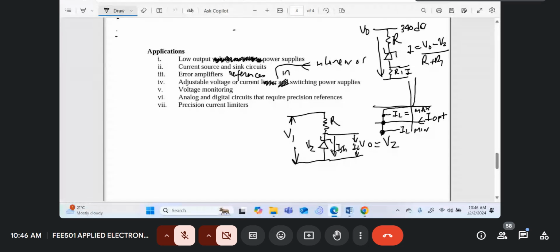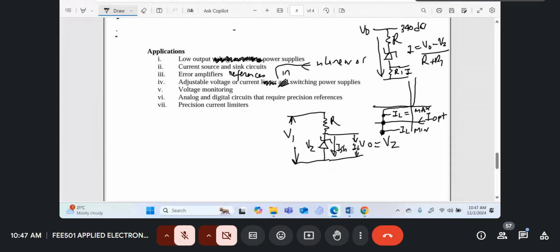The function of the Zener there is to drop most of the voltage. Now, if the voltage increases, the drop across R1 will increase. And this drop will be a small voltage, and this voltage can be used to monitor how that output voltage is changing.